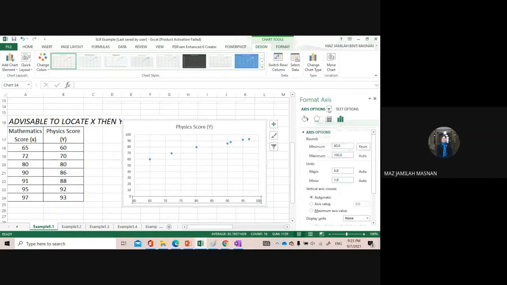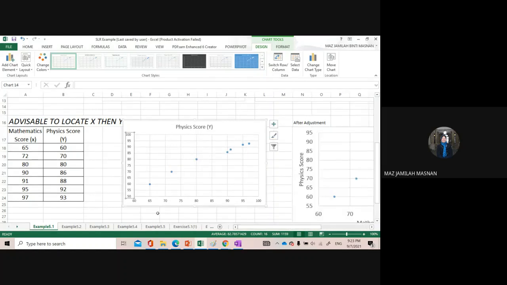Then I change my vertical. Choose vertical axis and do the same. Since I have 60, let's say I put 50, and the maximum is also 100.